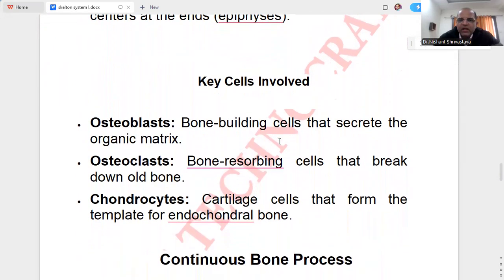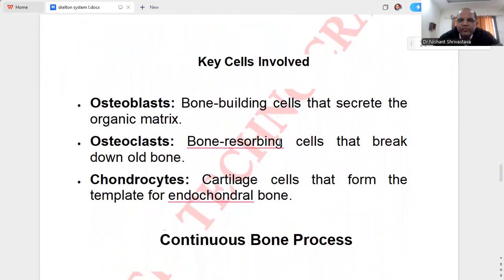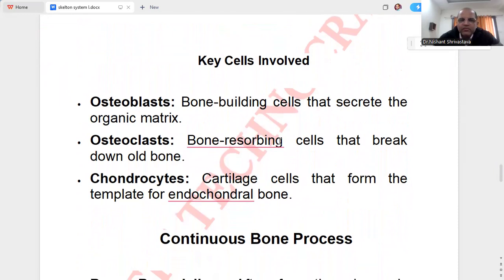So which cells are involved in this ossification? The first cell is the osteoblast, bone-building cells that secrete the organic matrix.